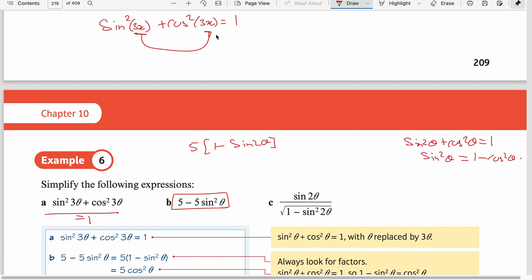In order to get this 1 minus sin square, I can make cos square the subject. If I take this sin square on the other side, cos square theta is equal to 1 minus sin square theta. So we can replace these two. So this is 5 cos square theta.